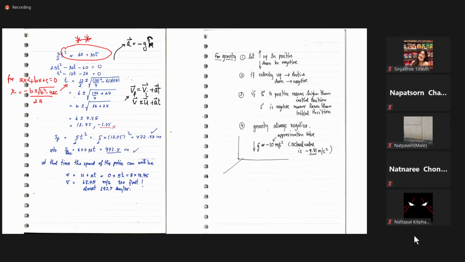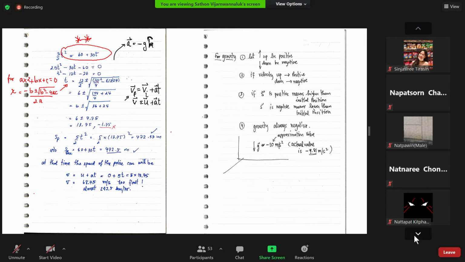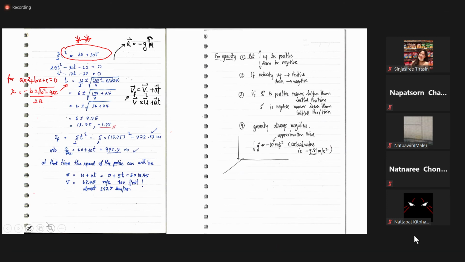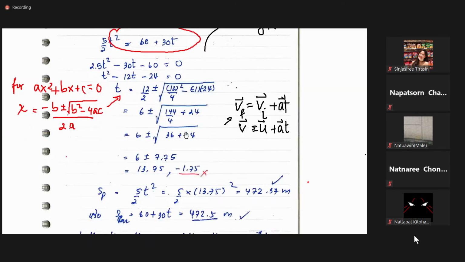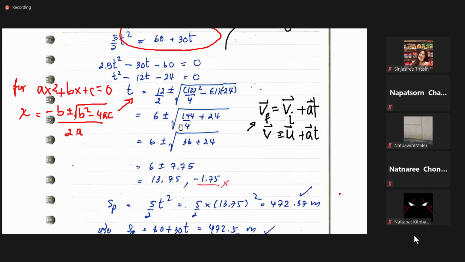So what you get is 6 plus or minus the square root of 12 squared, which is 144, divided by 4 gives you 36. And then this is negative, the negative sign gives you plus. Because a equal to 1, it's plus 24.